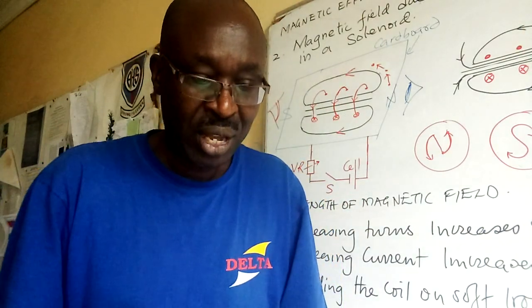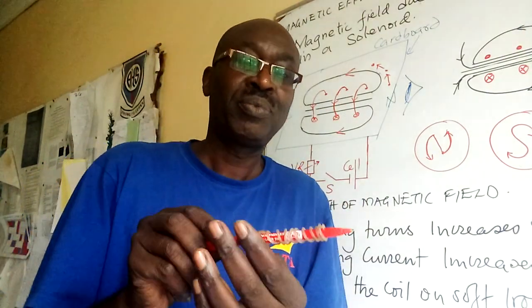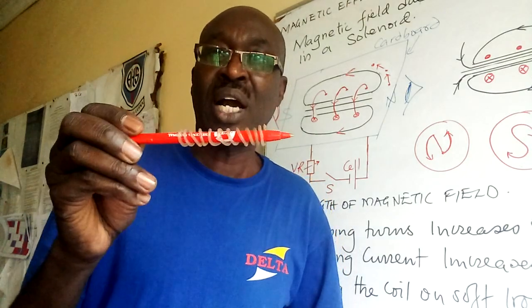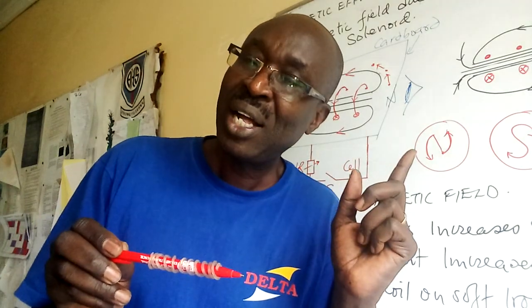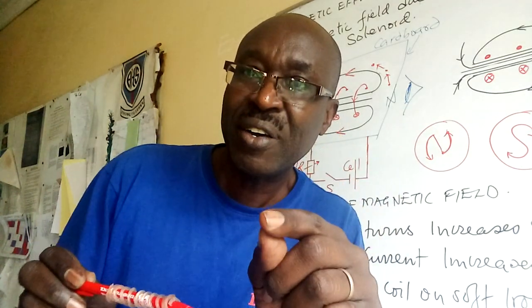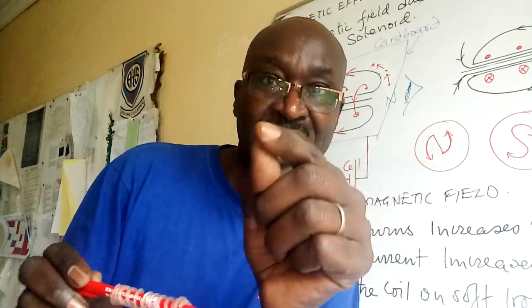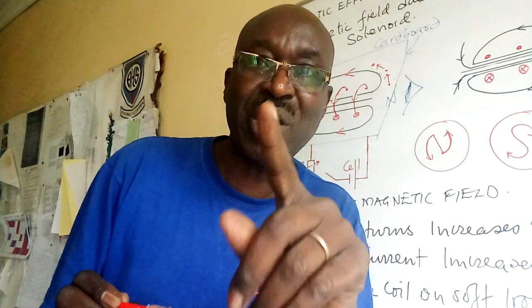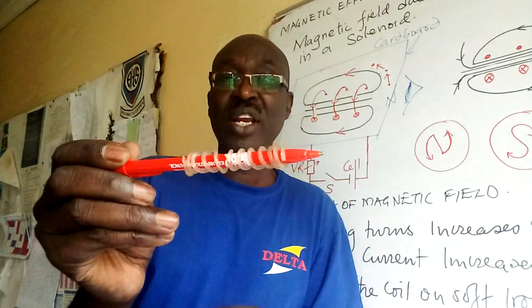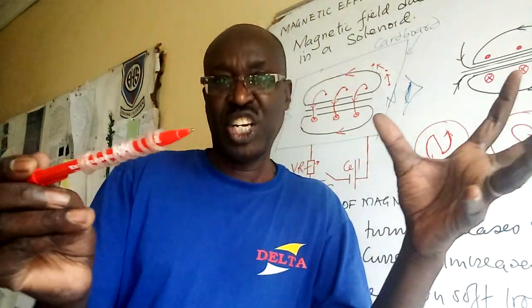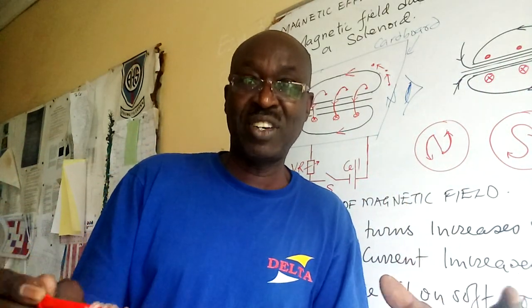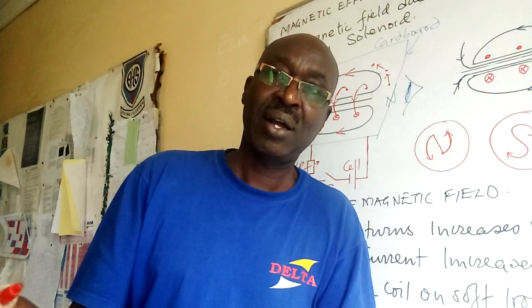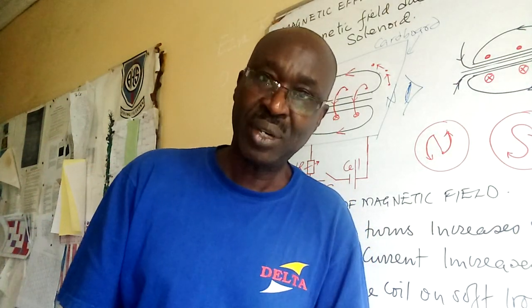Now I put a core, and this core normally is soft iron. Do you remember soft iron versus steel? Soft iron acquires and loses magnetism very fast. So when you use a soft core, it concentrates the magnetic field, and therefore you have a stronger magnetic field. I hope you have enjoyed.